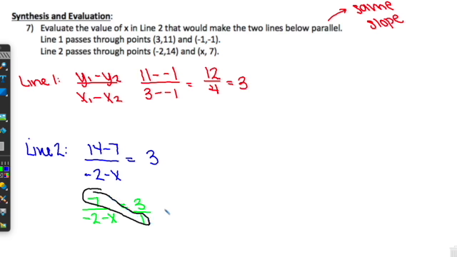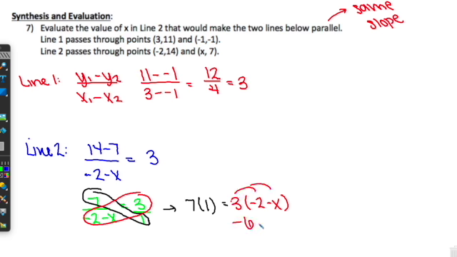So what that means is I'm going to say 7 times 1 is equal to 3 times all of that, negative 2 minus x. And from here, we're just going to solve for x. So distribute that 3 to both terms. Negative 6 minus 3x, and it's going to be equal to 7.